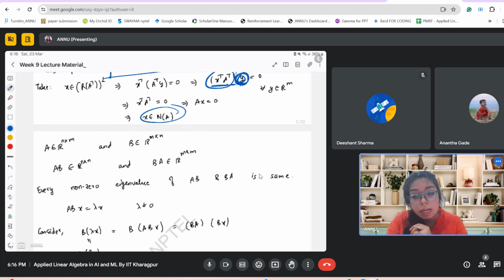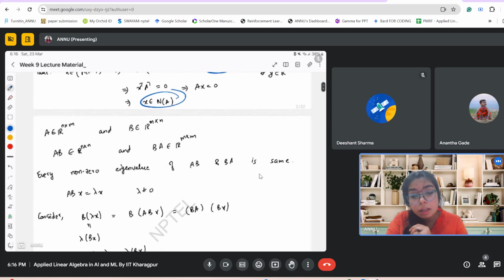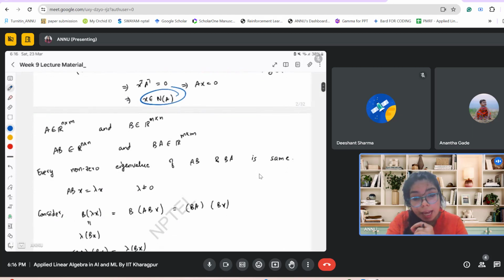Now every non-zero eigenvalue of AB and BA is the same. Sir also proved this, how it is the same. So let's say A belongs to R^(m×n), and B belongs to R^(n×m). For any non-zero eigenvalue, you can write ABx equals lambda x.